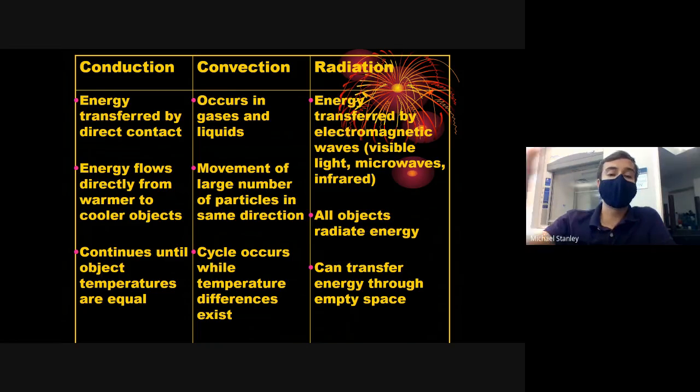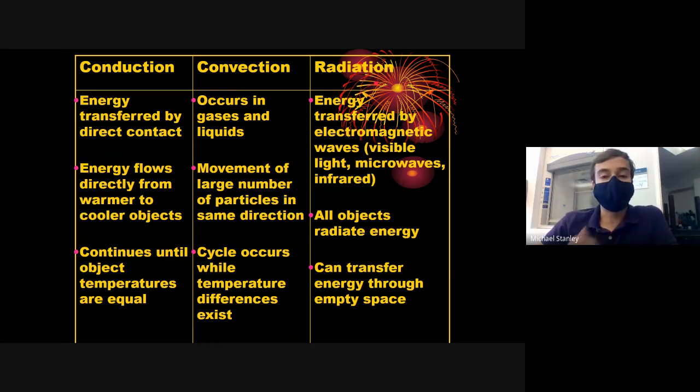So you have a large number of particles that heat up and then move in the same direction and create that cycle. As long as there's a warm area and a cool area in your system, you're going to get this convection occurring as things heat up and then move and then cool down and then fall and then heat up again and then rise and then cool down, so on and so forth.